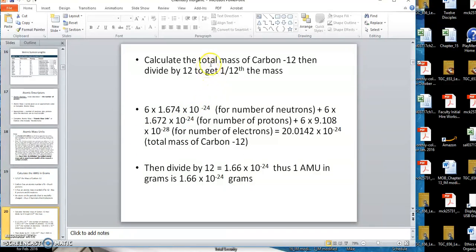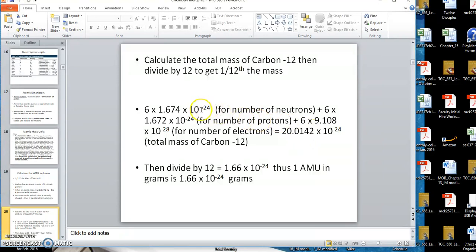So, to calculate the total atomic mass of carbon-12, if I wanted to do that in grams, I would do this calculation. I would look back and say that each proton is 1.674 times 10 to the minus 24th, and there's 6 of them, plus 6 neutrons, plus the electrons, and that would give the complete atomic mass of carbon.